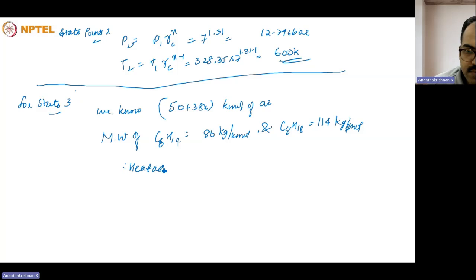Therefore, the heat added in the heat addition process from 2 to 3 follows the same trend as the PV diagram of the previous question.